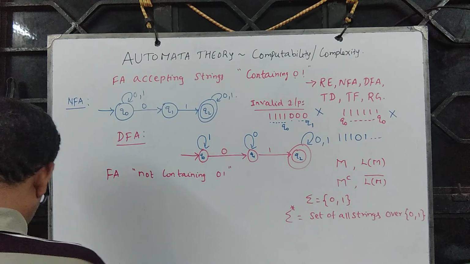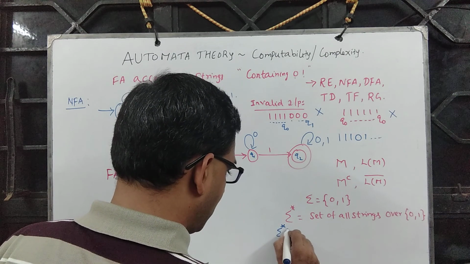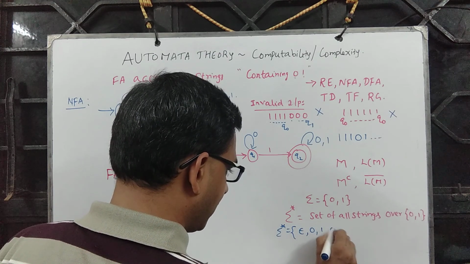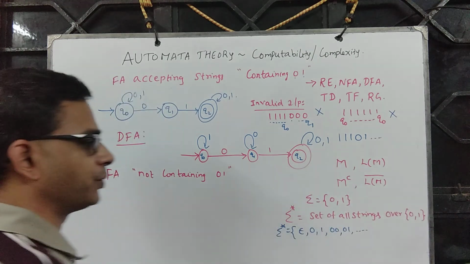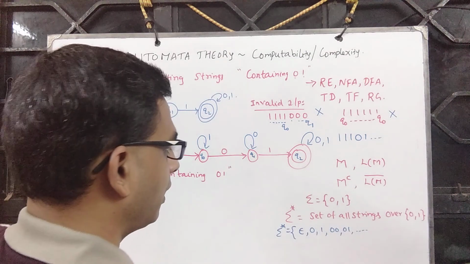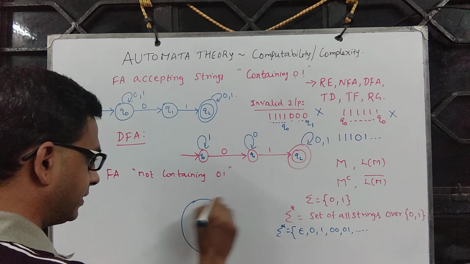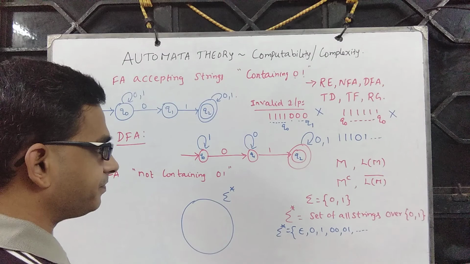So sigma star will have all possible strings: epsilon, length 1, then length 2, length 3, length 4, and so on. So sigma star consists of all possible strings.